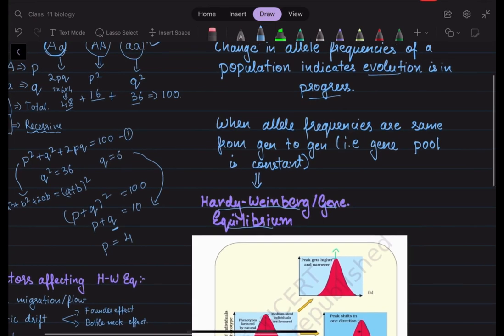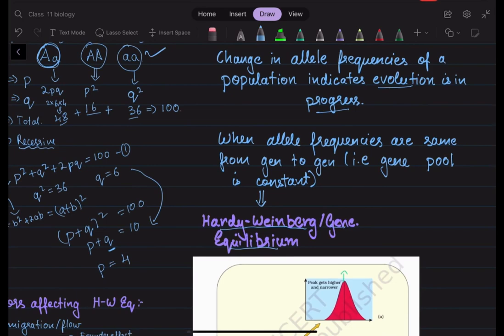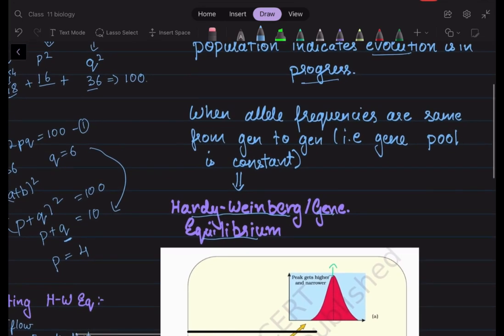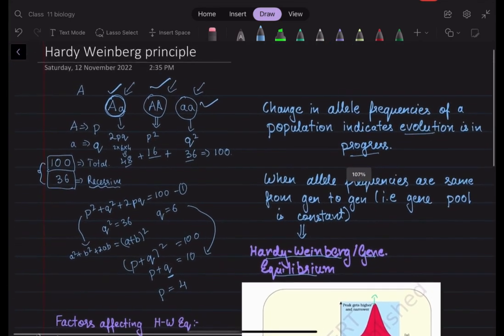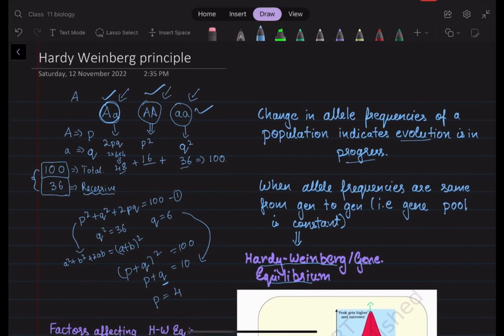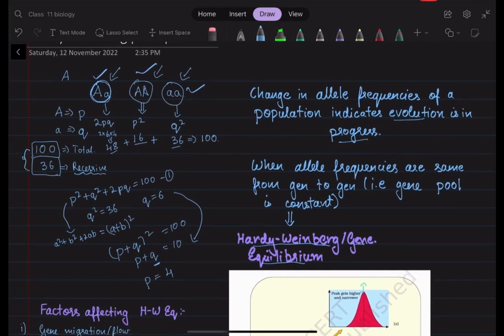You know what equilibrium is, right? A state of no change or a state of constant. So when the allele frequencies stay constant, we can say they are in Hardy-Weinberg equilibrium.